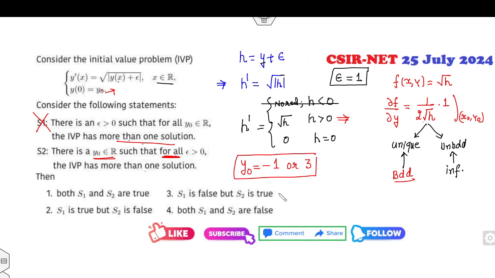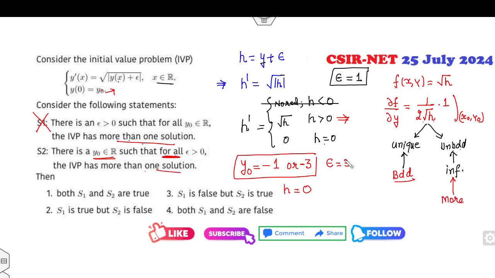Again for this case, what will happen for h for all epsilon greater than 0? If I choose y naught as minus 3, for example, then if I choose epsilon as 3, in that case h will be 0. If h will be 0, then this case is unbounded.